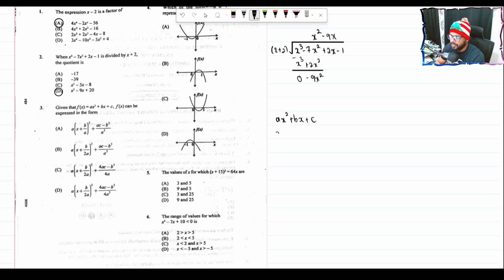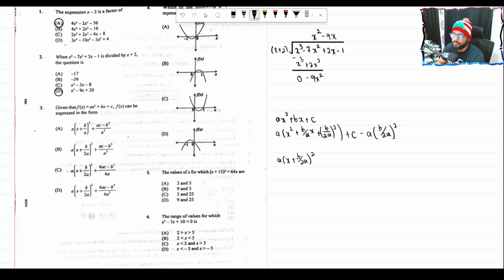So I'm going to have a into x squared plus b over a x plus half of this, which is going to be b over 2a squared, plus c take away a into b over 2a all squared. So I'm going to end up with a into x plus b over 2a all squared. So we have the first pieces settled down here.